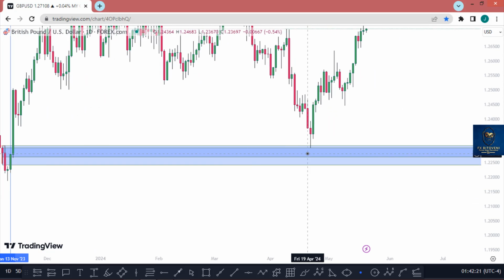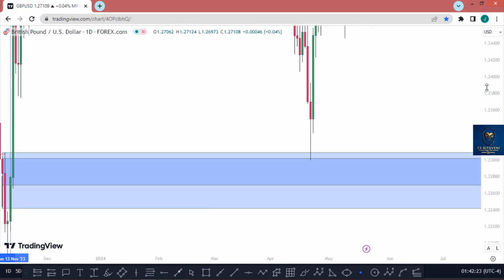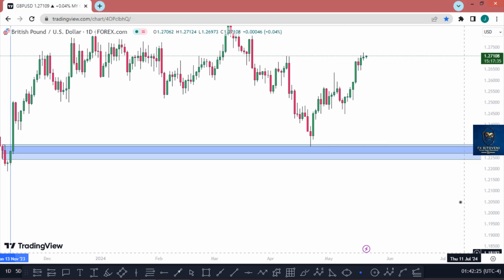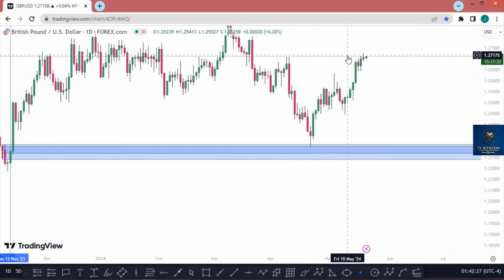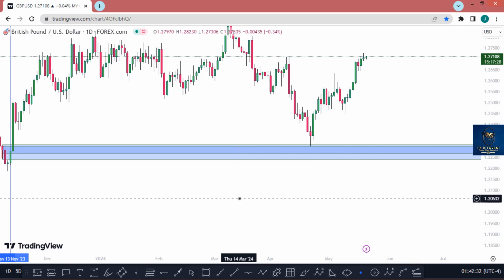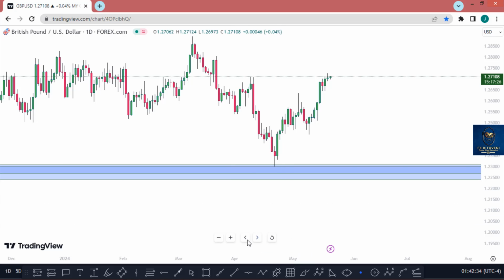The market touched the zone, and then it went higher, as you can see.